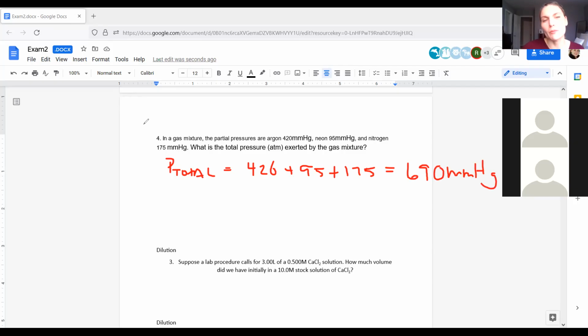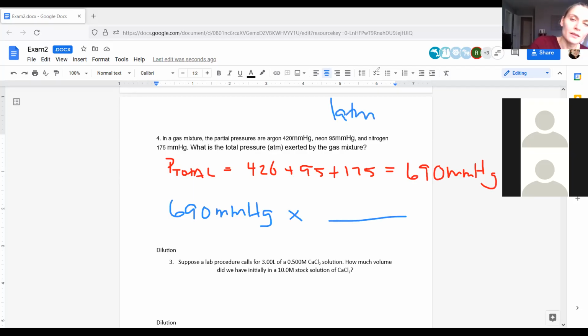But what's the problem with the millimeters of mercury? What did they ask for? ATM. So now we gotta take the 690 millimeters of mercury. And now we're gonna use our little conversion factor. 1 ATM equals 760 mmHg.